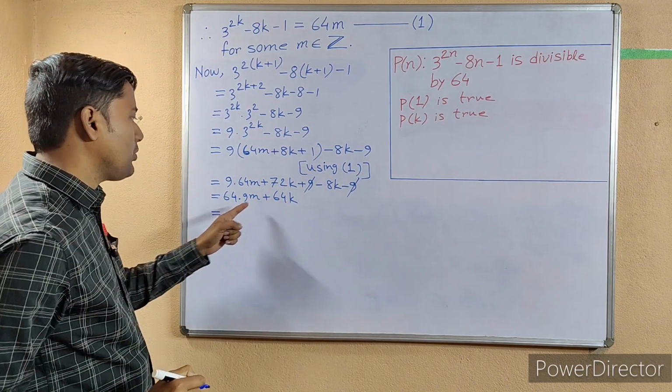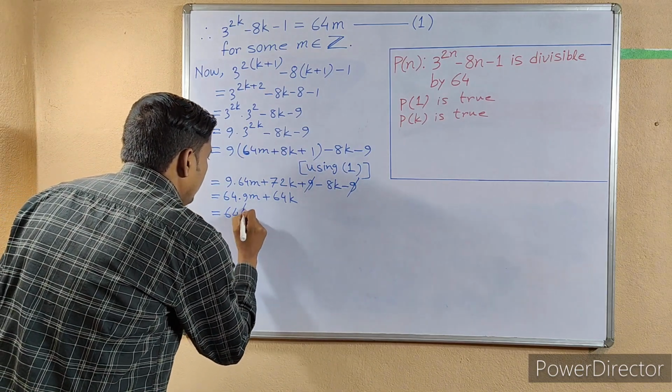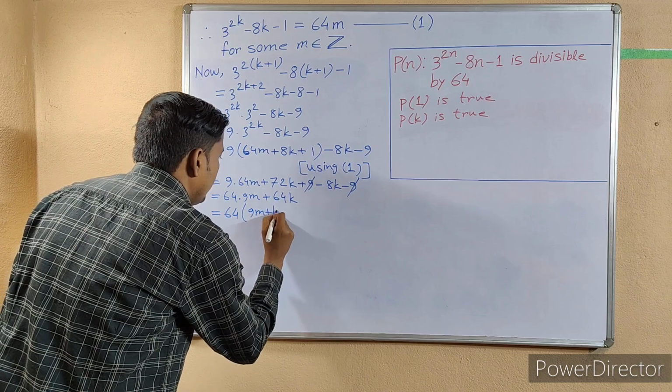This is equal to 64 common, 64 into 9m plus k.